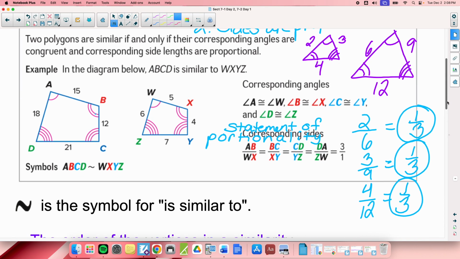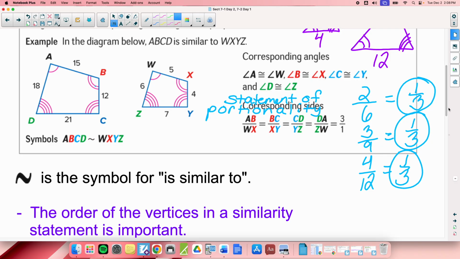So what happens in that is, I think I'm gonna wait until I get to an example to explain it. But let's say this is the smallest side of one polygon over the smallest of the other. This is next smallest over next smallest, the next smallest over the next smallest, and then the biggest over the biggest. When you write it out like that, that would be the proportion they're looking for.